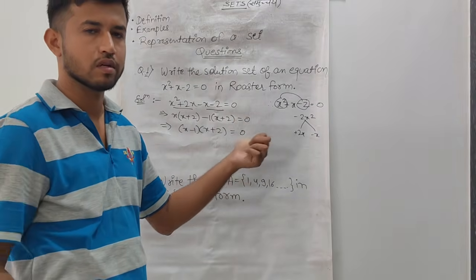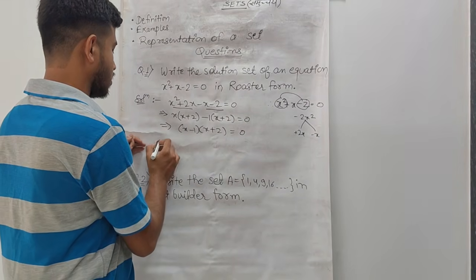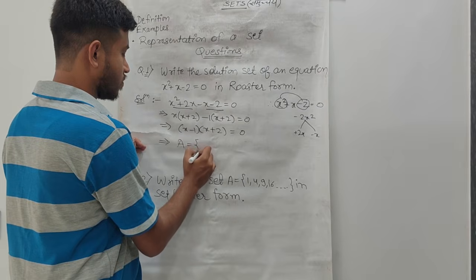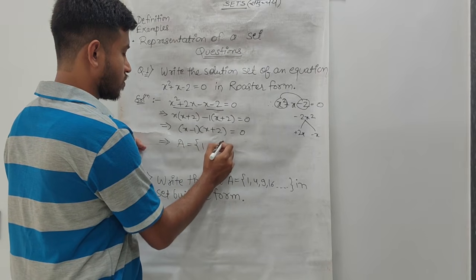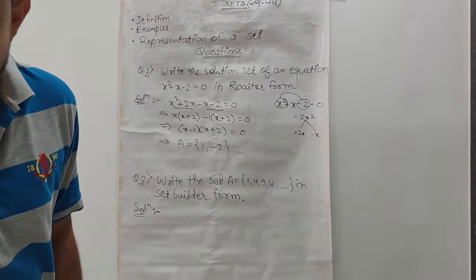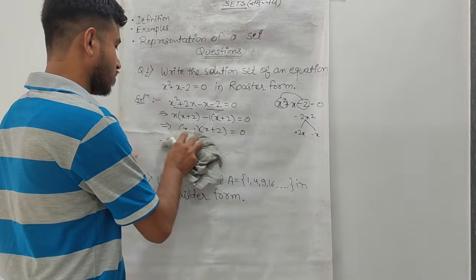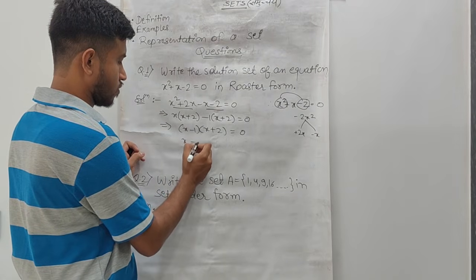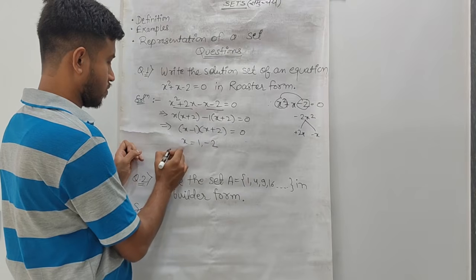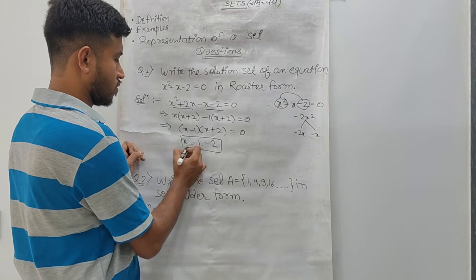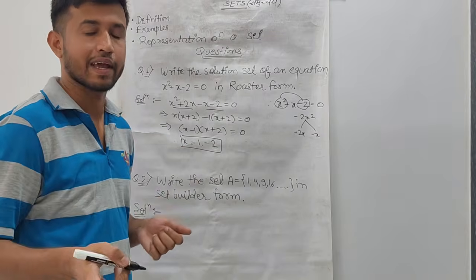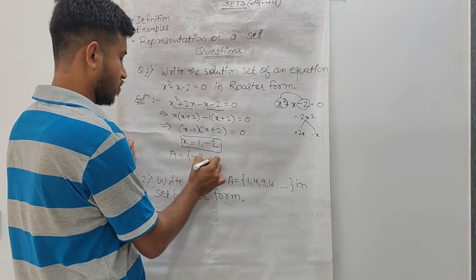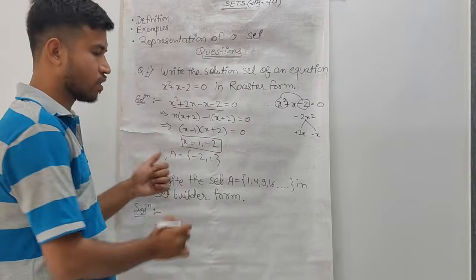This is the factorization method. You will get this. Now set A in roster form. This is our solution.